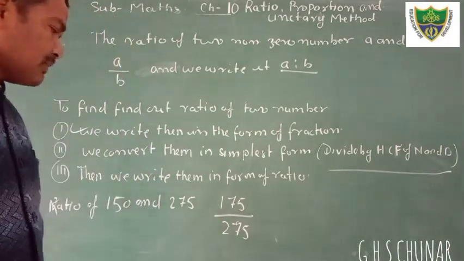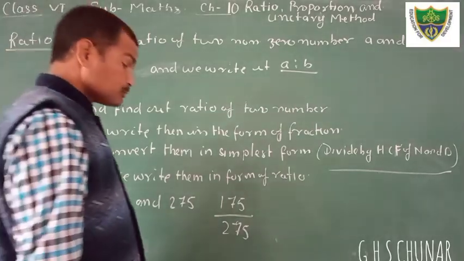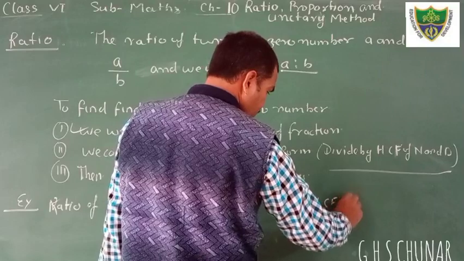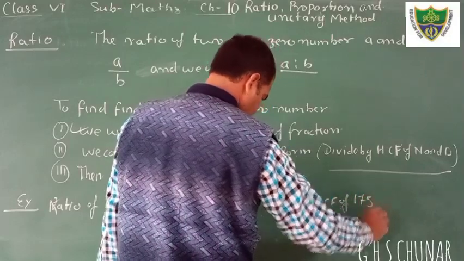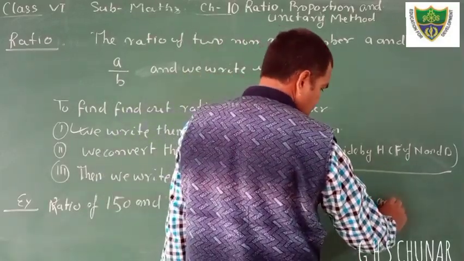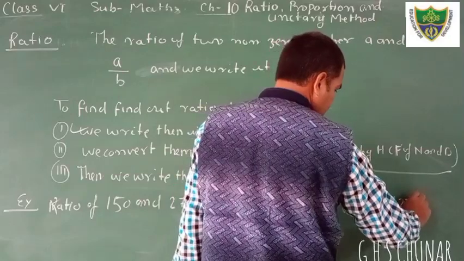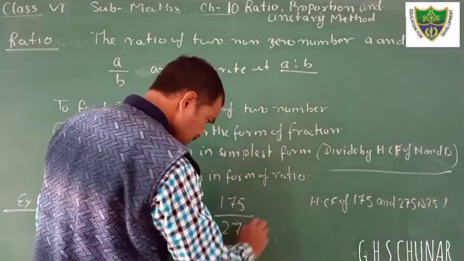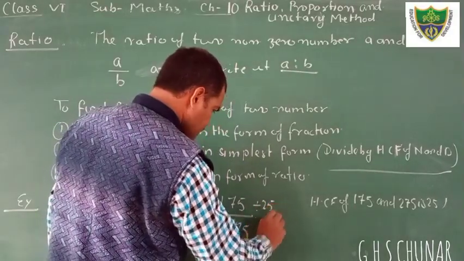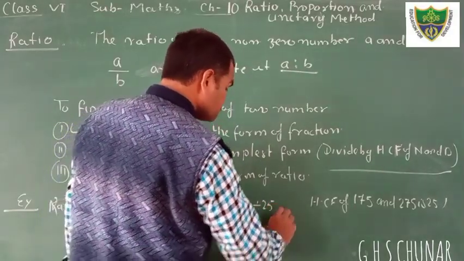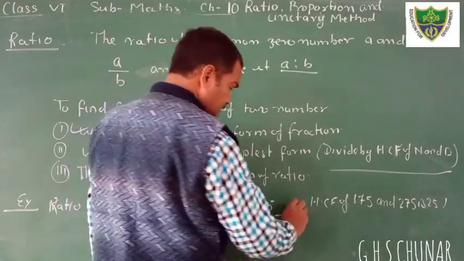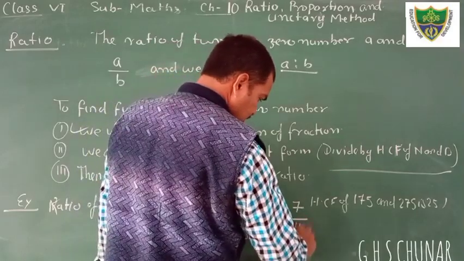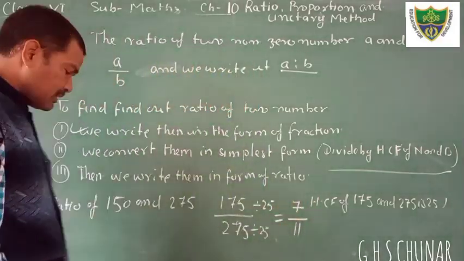Now what is the HCF of 175 and 275? It is 25. So we divide by 25 and we get 7 upon 11.